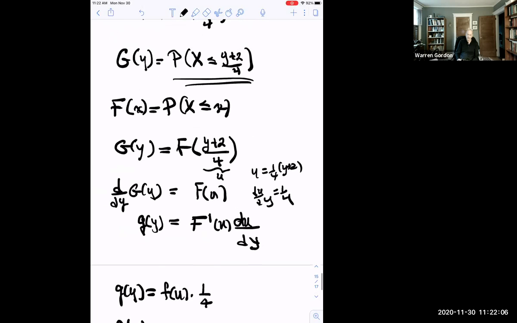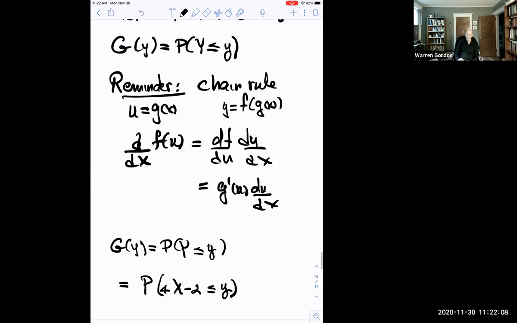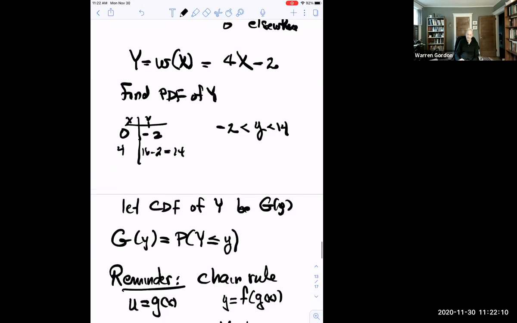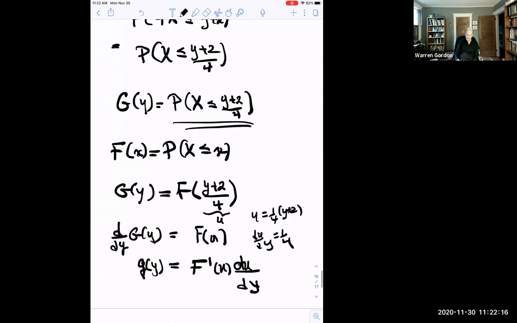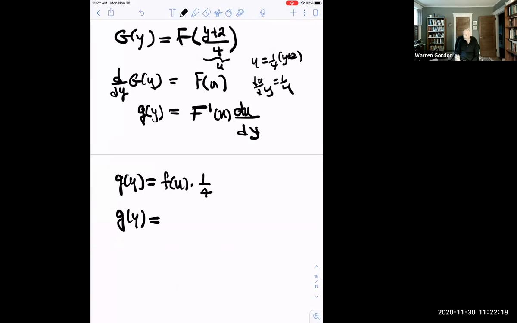So I have g of y equals f of u. Remember what f of x was. F of x was 1/8. Is that right? Something's not right.